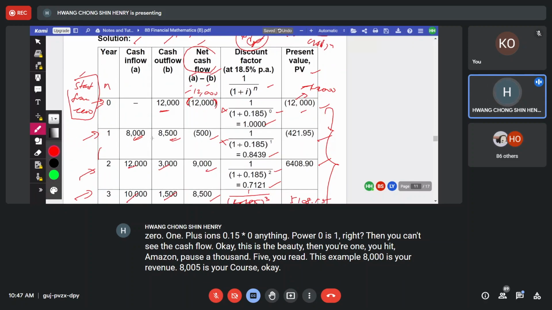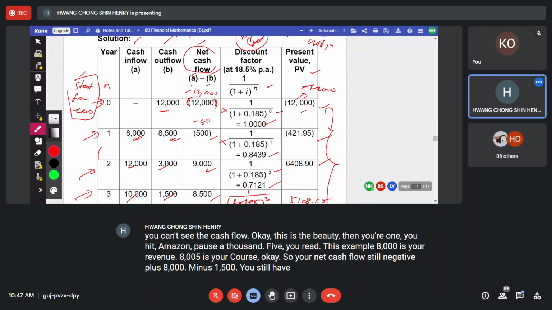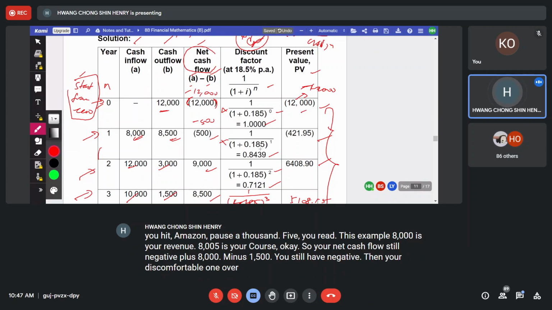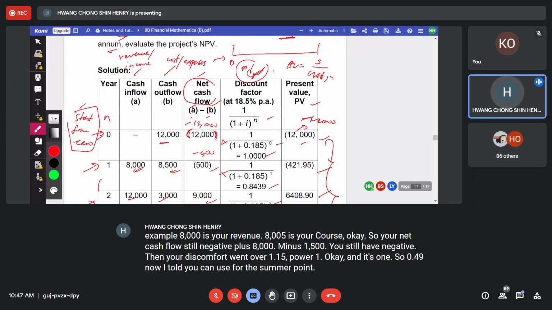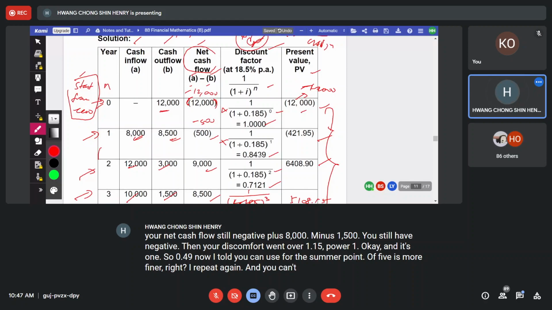So your net cash flow is still negative, because 8,000 minus 8,005 is still negative. Then your discount factor is 1 over 1.185 power 1, so 0.8439. I told you all can use 4 decimal points or 5 decimal points. I repeat again, then you times with the net cash flow, you get negative 421.95.